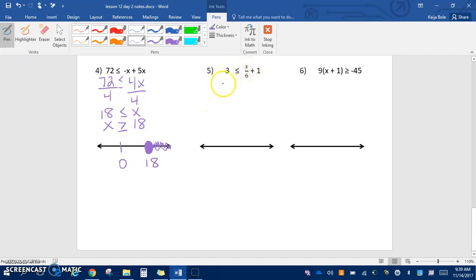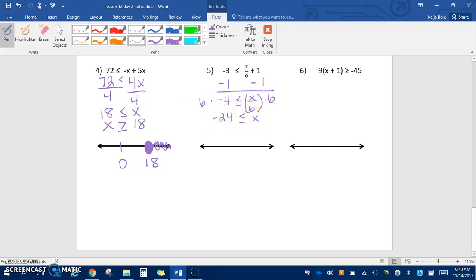Alright, next we have -3 is less than or equal to x over 6 plus 1. So first I need to subtract 1 from both sides. So I have -4 is less than or equal to x over 6. Now I multiply by 6 on both sides. So I get -24 is less than or equal to x.